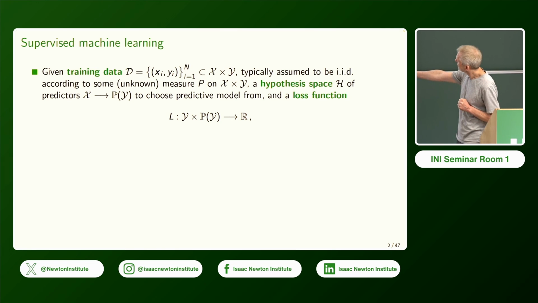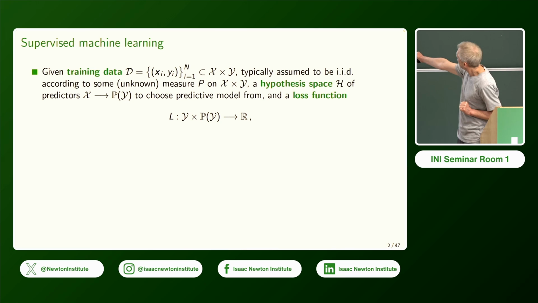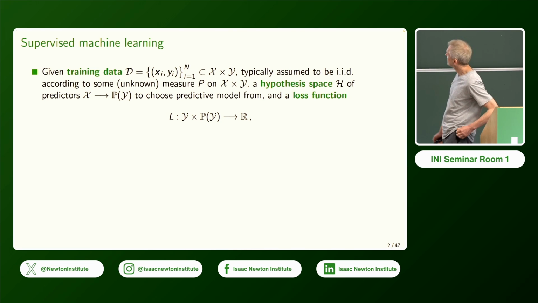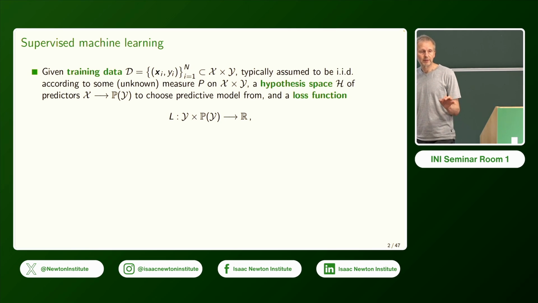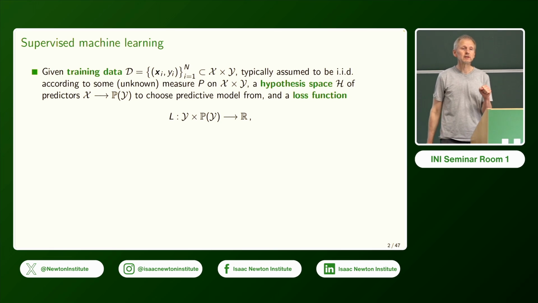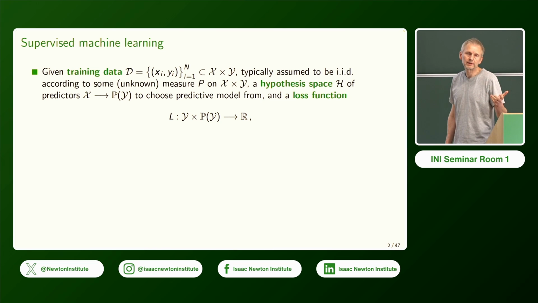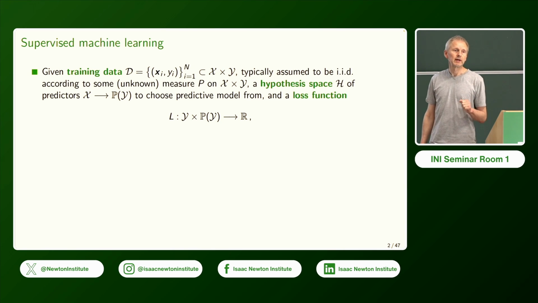To introduce some notation, we are given a set of training data, tuples xi, yi, which are typically assumed to be IID data coming from an underlying unknown joint probability measure P, a hypothesis space H given to the learner, which consists of a set of probabilistic predictors mapping from the instance space to the class of probability distributions over the outcome space Y, which here I assume to be finite and discrete, so we are basically in the classification setting, and a loss function that penalizes probabilistic predictions in light of observed outcomes Y.